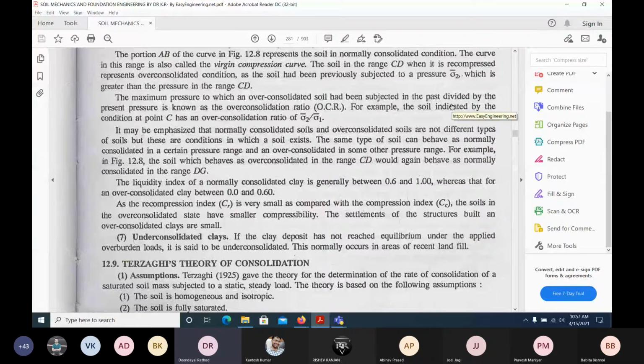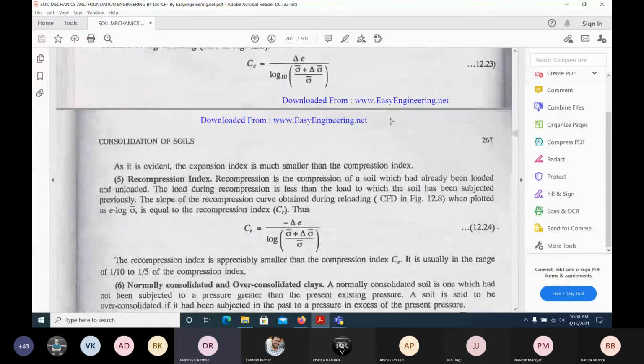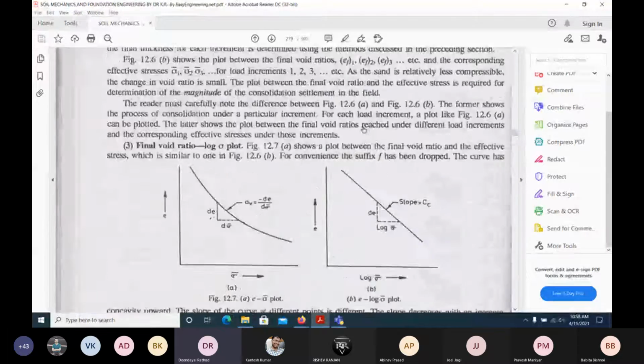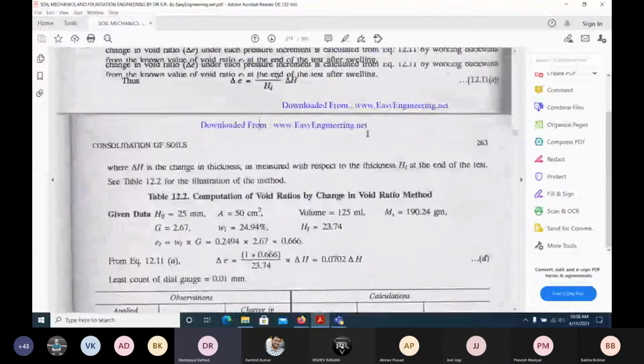What we are doing is we have one clay sample in a consolidometer. We also call it an odometer. Here we are deriving and drawing the e-log p curve.